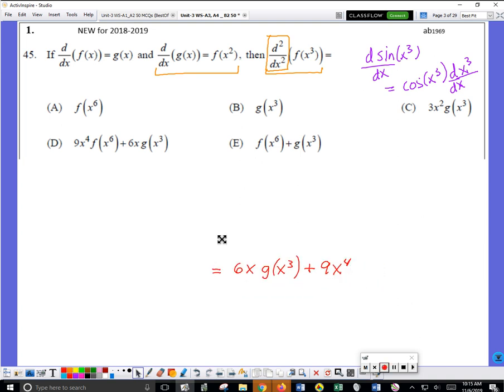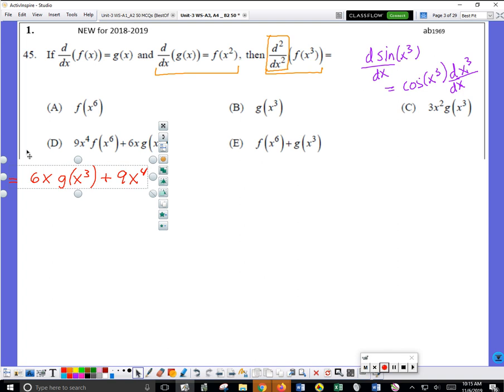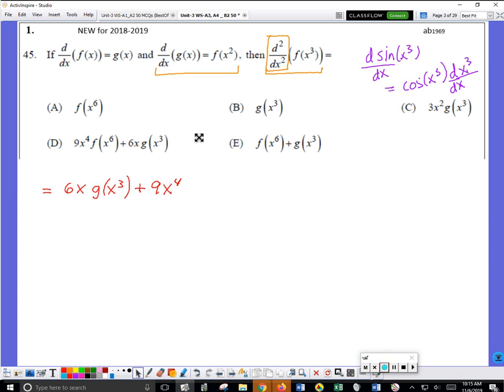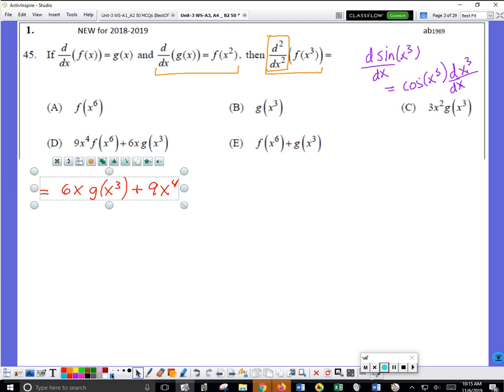That's better. And then I'm trying to figure out what f double prime of x cubed is.